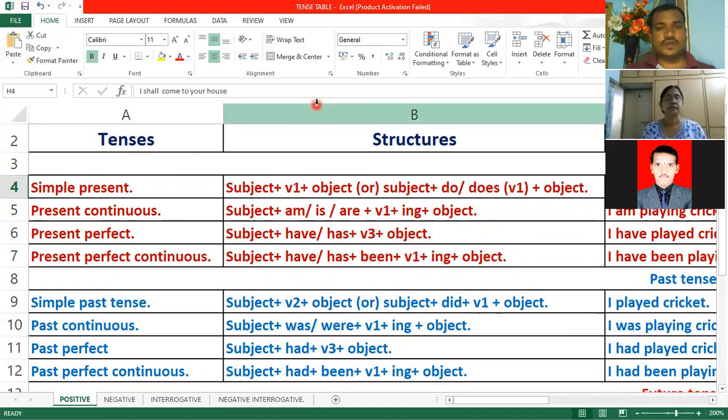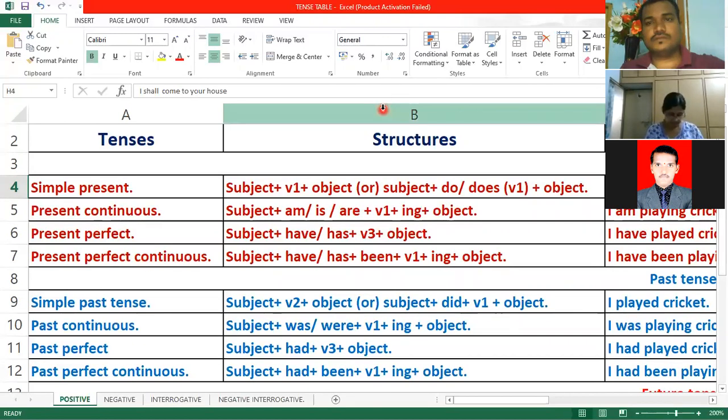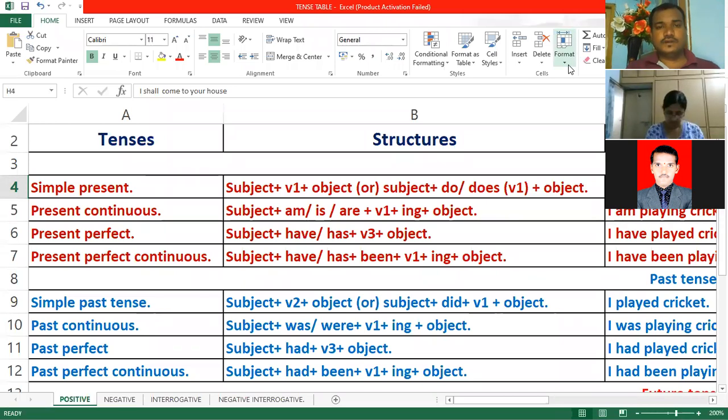So the first one is simple present, next present continuous, next present perfect, next present perfect continuous. Now let us discuss step by step their structures and examples.